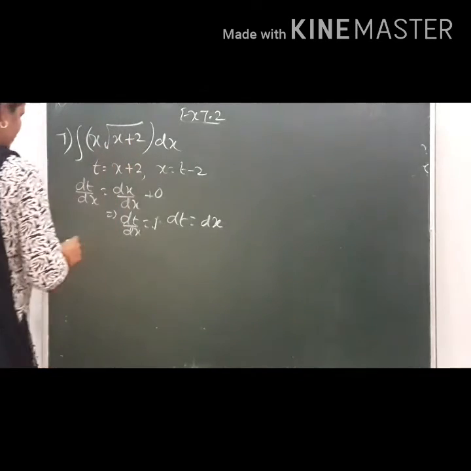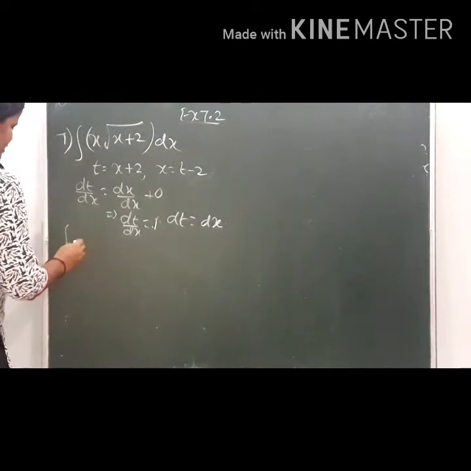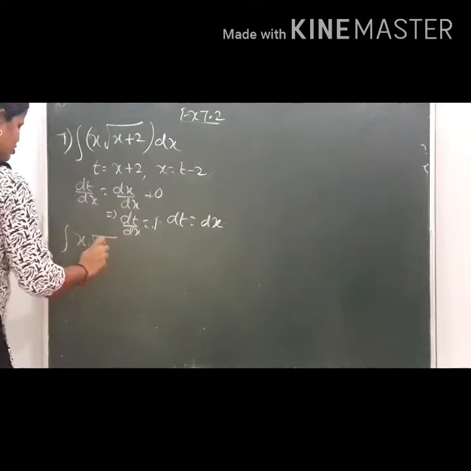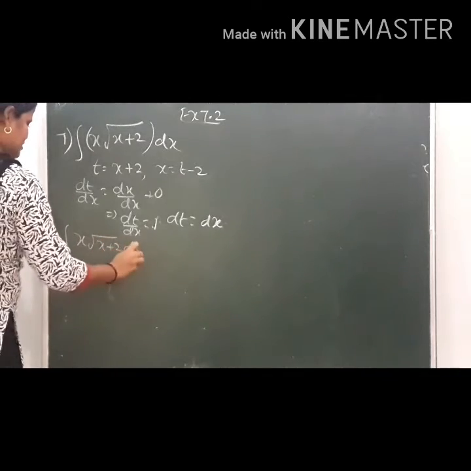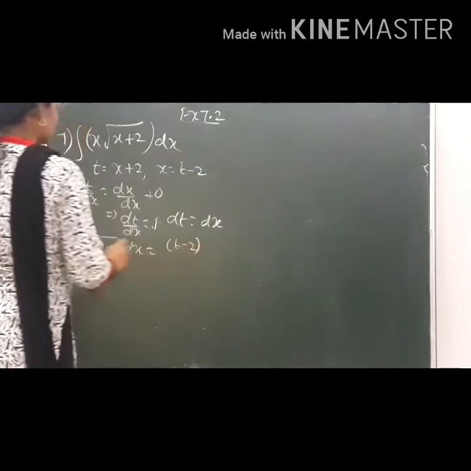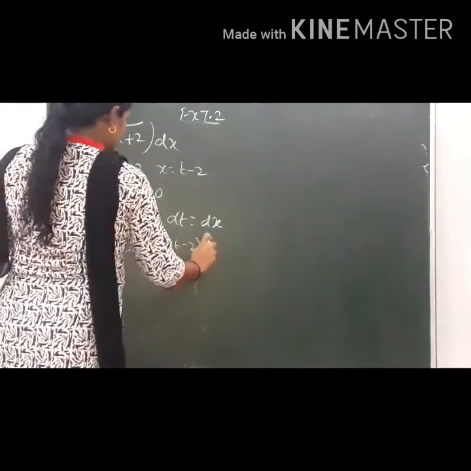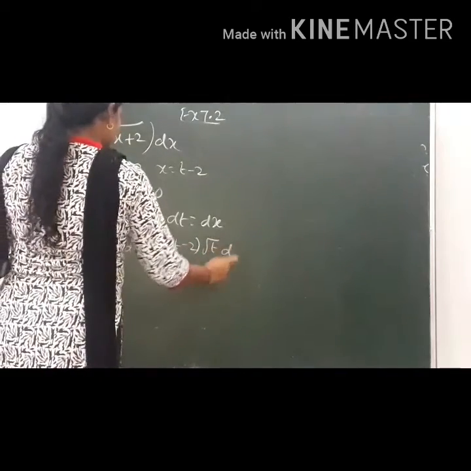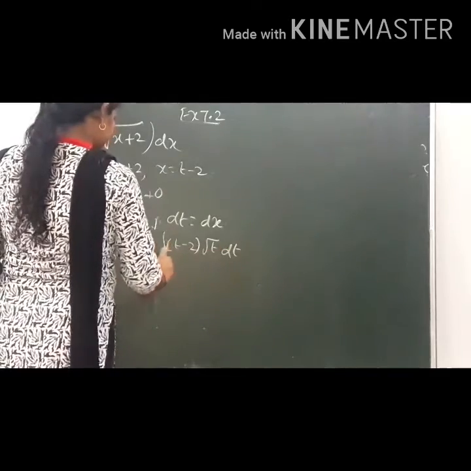Now this equation can be transferred like this: x into square root of x + 2 dx. What is the x here? t minus 2, times root t, and dx means dt.